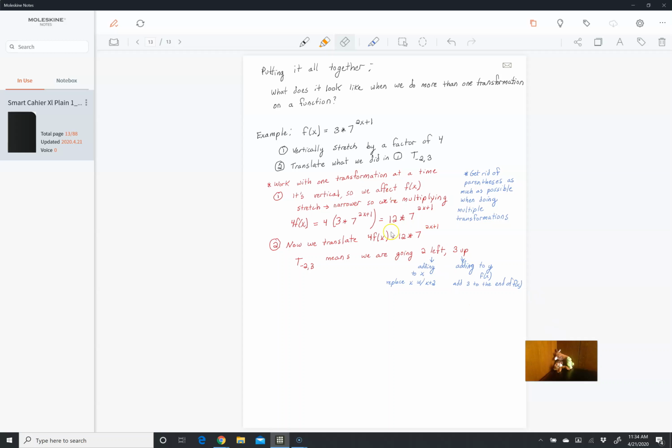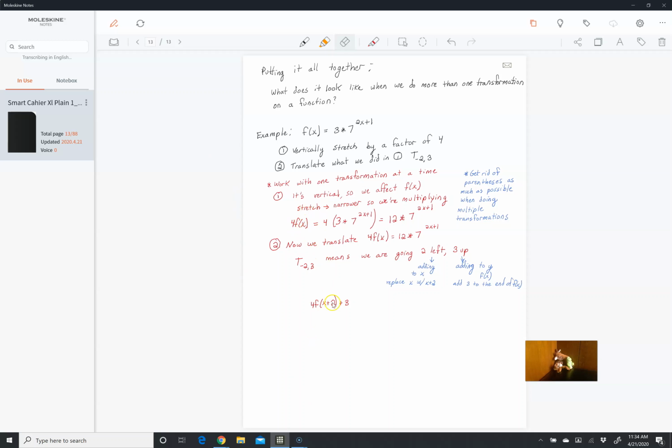Okay, so let's do that. So the x gets replaced with x plus 2. And then we're just adding 3 to the end of the function. So the 4 is just something that's getting carried down, okay?